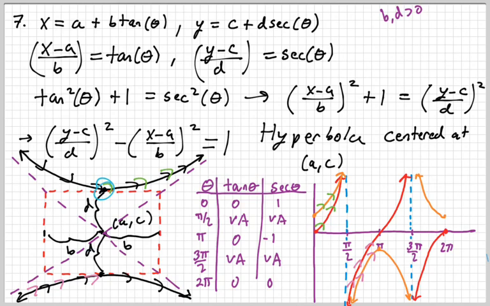And then on the other side of pi, the x's are positive with respect to a, and the y's are negative with respect to c. So that gives us this portion down here. And finally the last part, the x's are negative following the tangent graph, and the y's are positive following the secant graph, and that gives us that last piece right there.